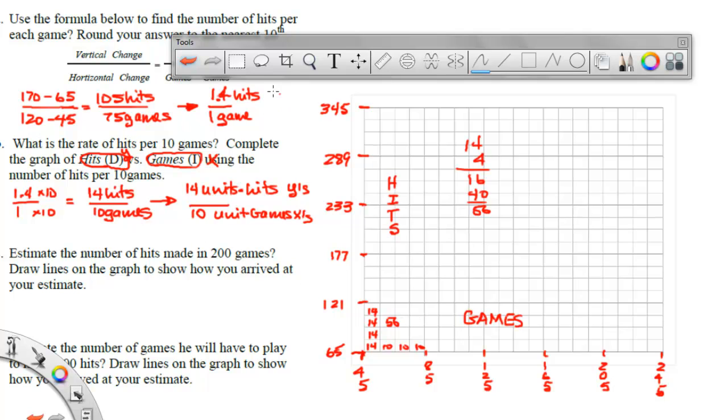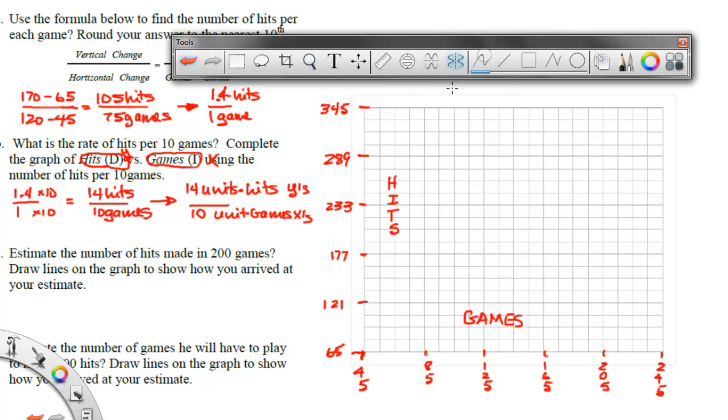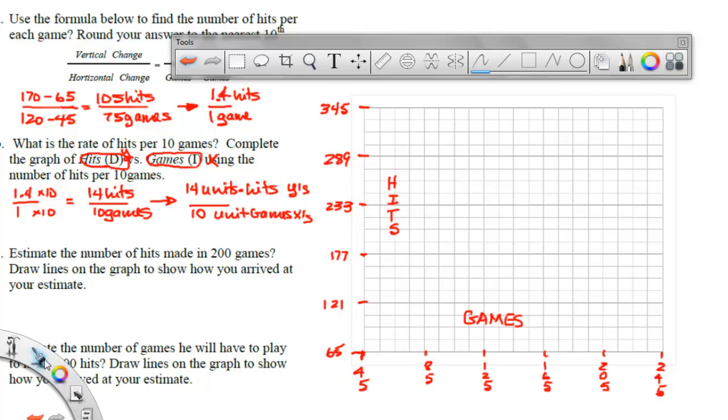Okay. All right, let's clean this up a little bit right here, and we'll keep going. Okay, now let's go ahead. We know we're supposed to have a line along here somehow. So I know if I go over 4, that's 40.